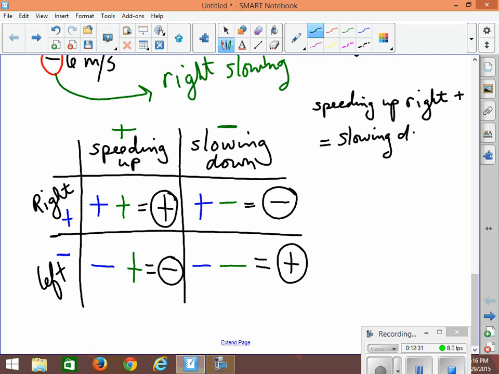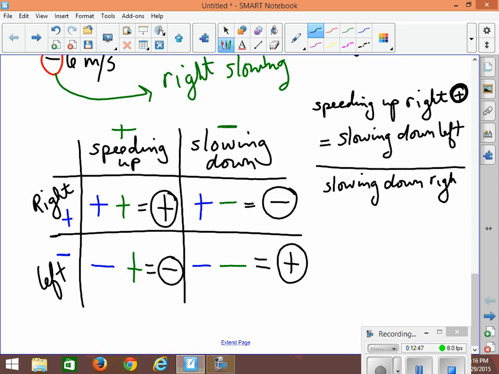Mathematically, it's exactly the same. And we then see that slowing down to the right, those are both positive accelerations. Slowing down towards the right-hand side is exactly the same as speeding up to the left, because those both give us negatives.